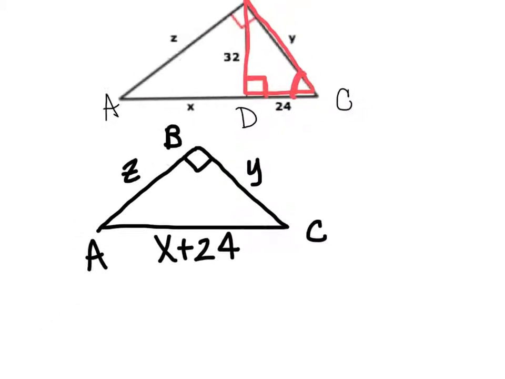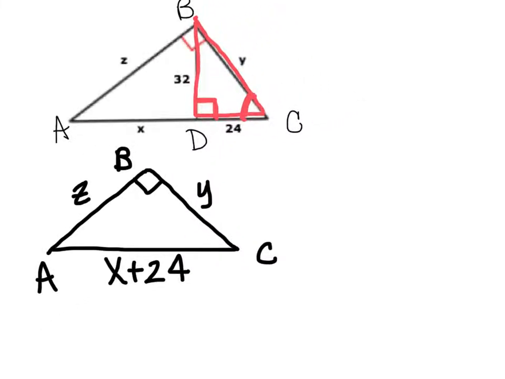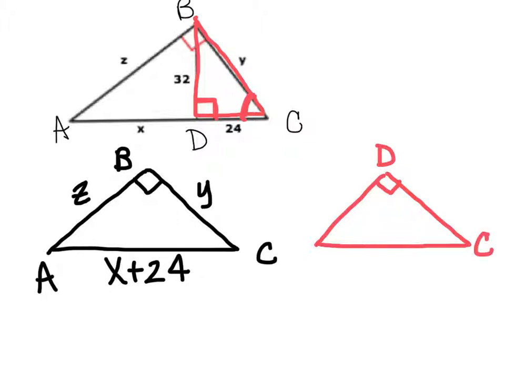So I'm going to draw it right next to my big triangle, but in the same direction, where the right angle is up at the top. That right angle in that red triangle is angle D. And then the last thing I need to be sure of is that I mark angle C, that was our last angle that was congruent, in the same place but in a different triangle.